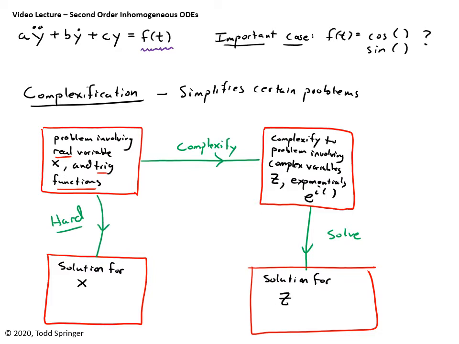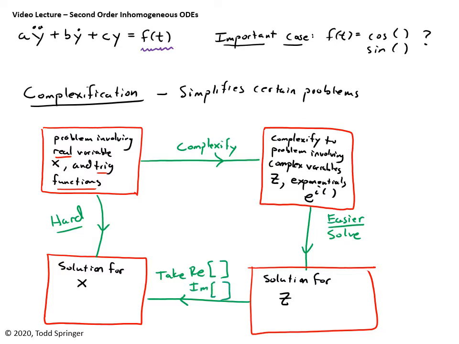And this one here is going to be easier, maybe not easy, but easier to solve than the solution for x. Then once I have my solution for z, I go back by taking the real part or the imaginary part to get x.